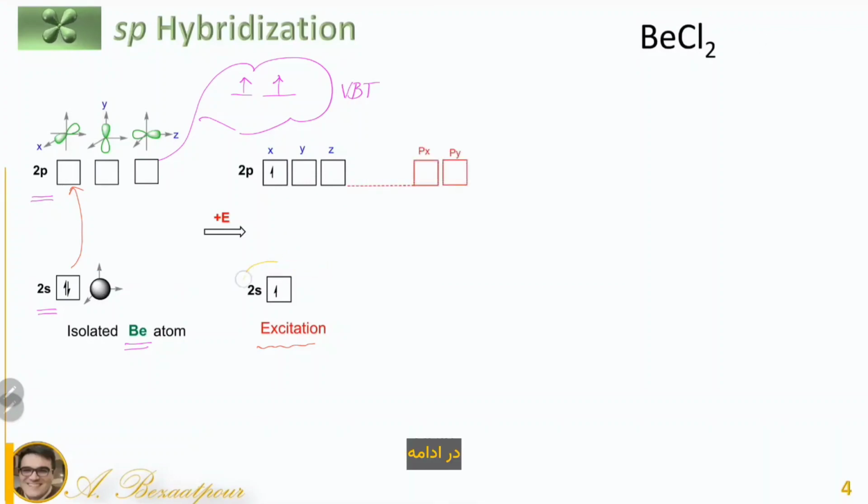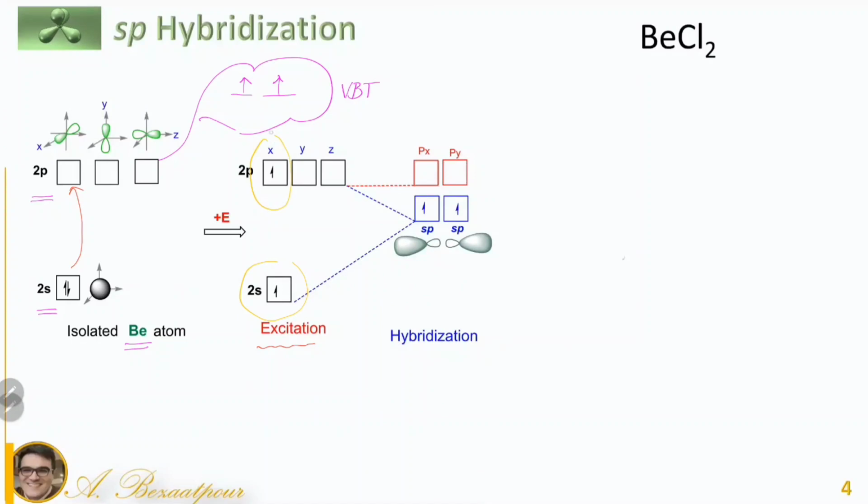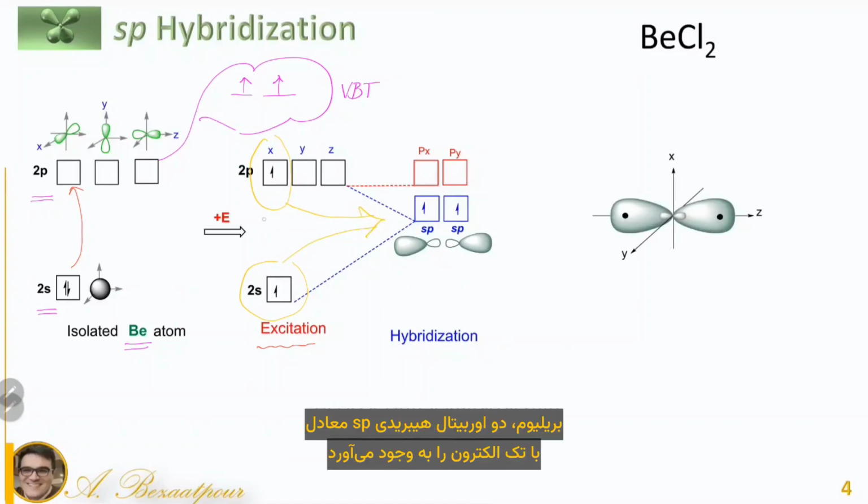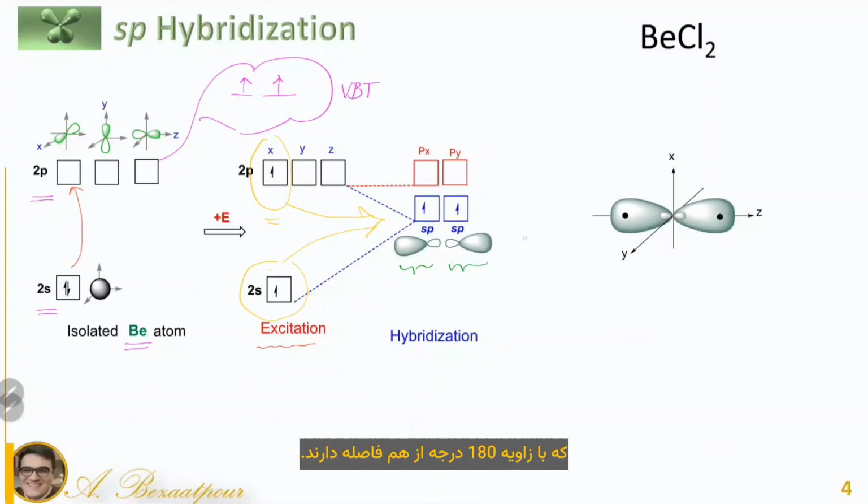In the following, hybridization of 2 non-equivalent s and pz orbitals of beryllium gives rise to 2 equivalent sp hybrid orbitals with single electron that lie 180 degrees apart.